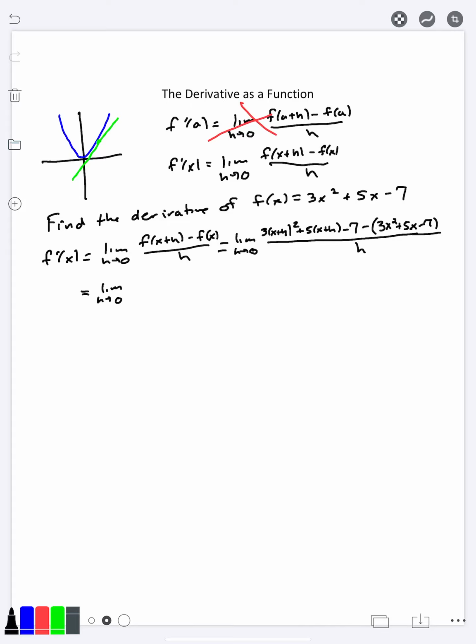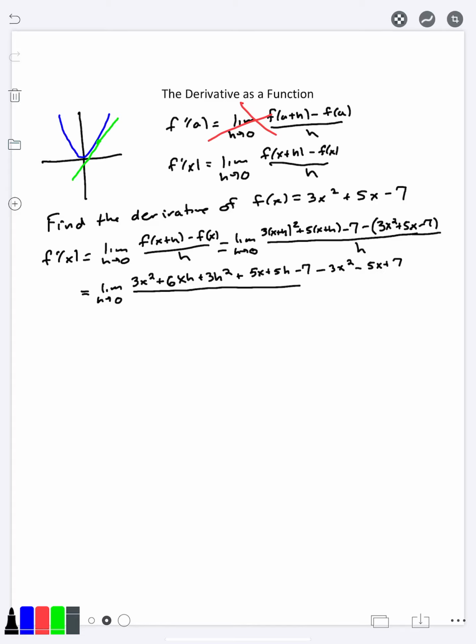First, (x plus h) squared is x squared plus 2xh plus h squared. Then you distribute the 3. Then we distribute the 5x plus 5h minus 7. Then I'll distribute the negative sign.